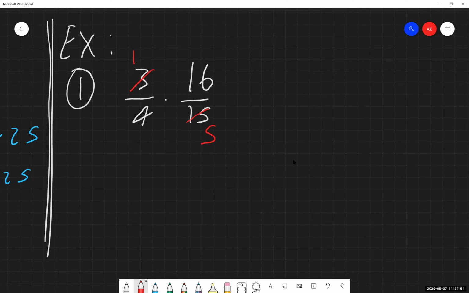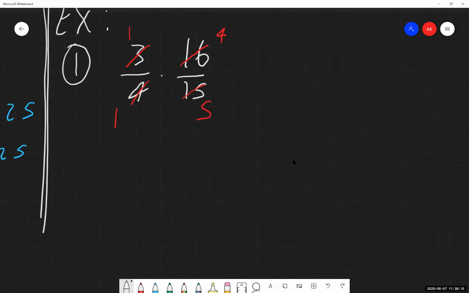I'm doing the exact same thing now with 4 and 16. What is the greatest common factor between 4 and 16? Well, 4. 4 goes into 4 once. 4 goes into 16 4 times.